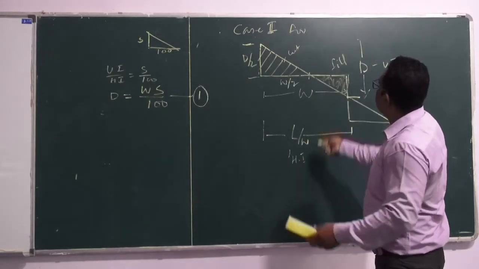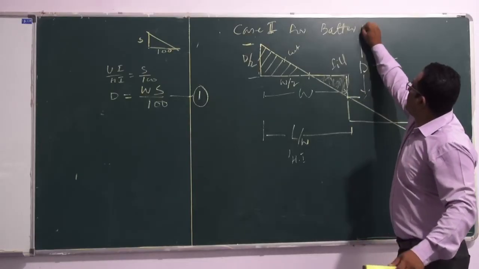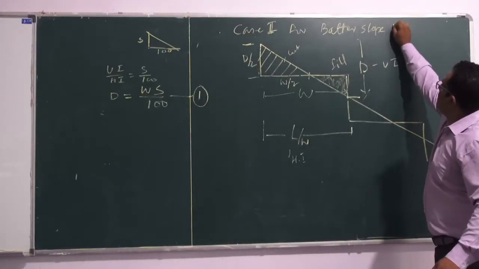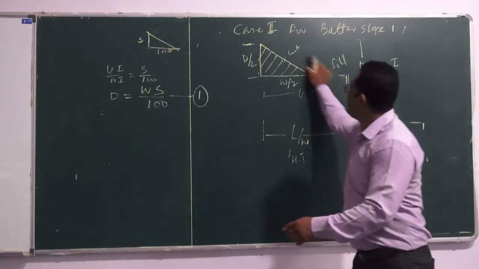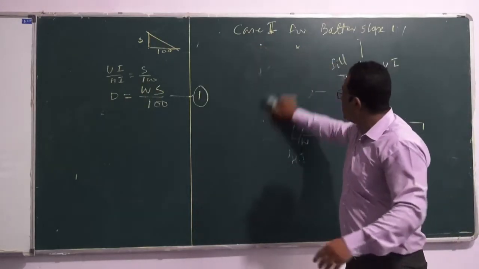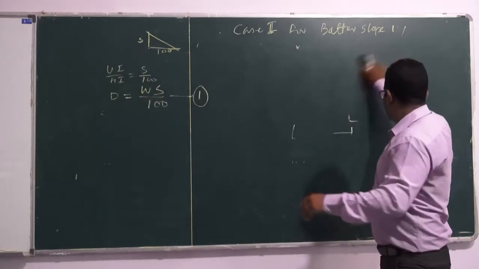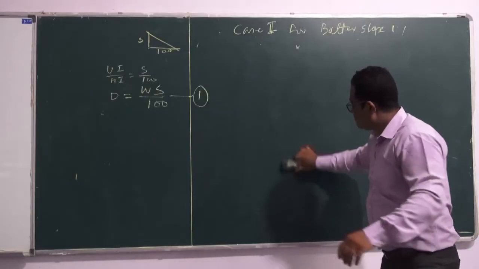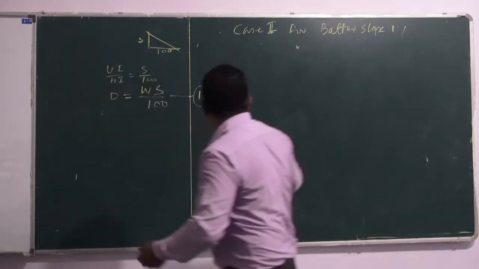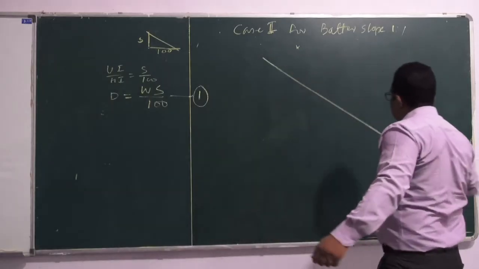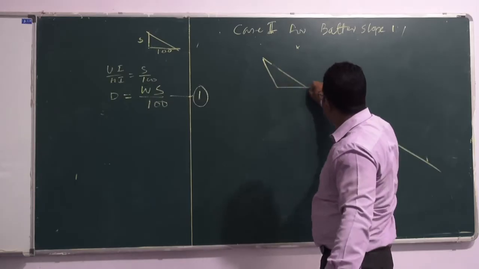And second case, for riser slope 1:1. For the riser slope 1:1, the entire scenario will change. When we have a riser slope of 1:1, that means we are giving a certain grade here.